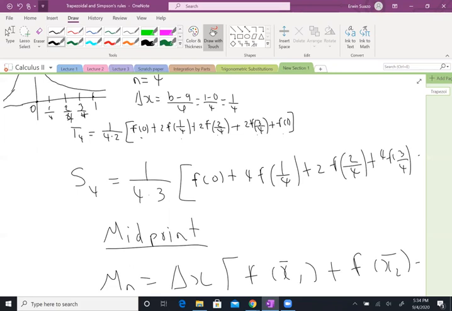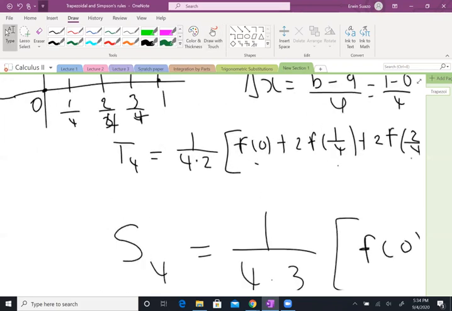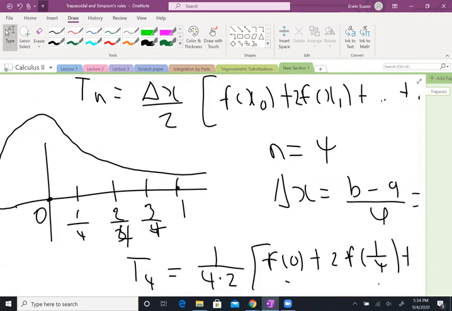Let me make it bigger. Sorry, my pen is not very good. So this is 2/4.